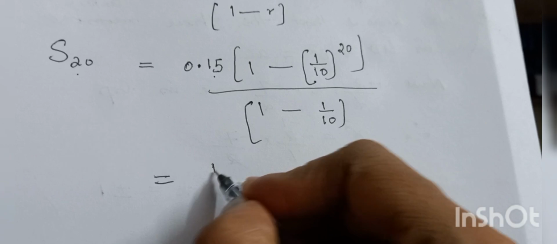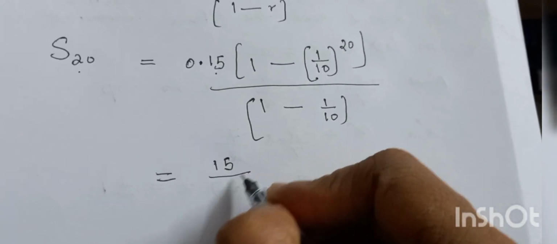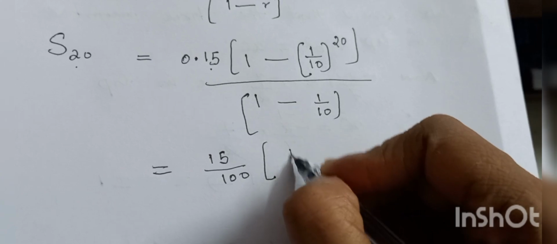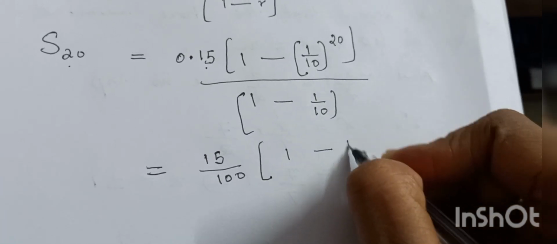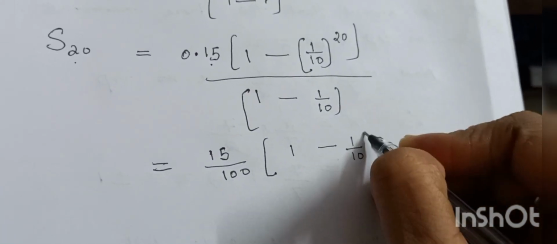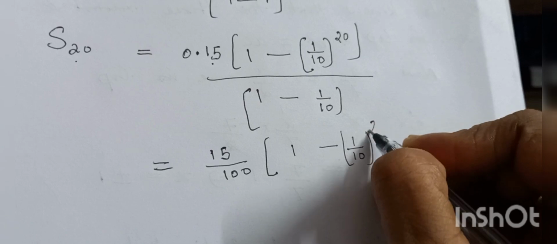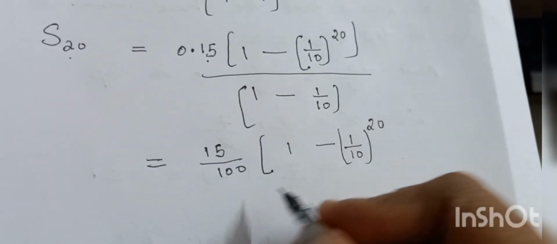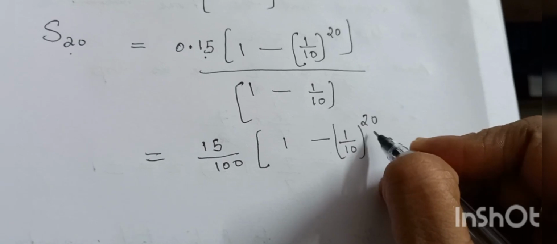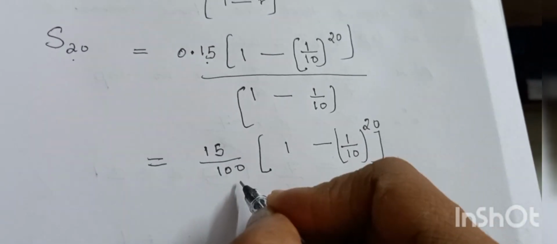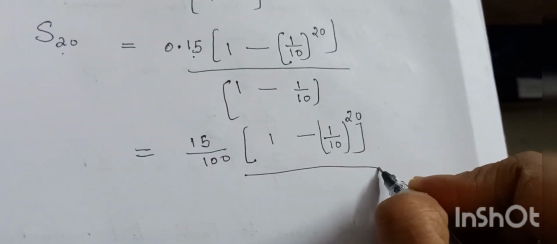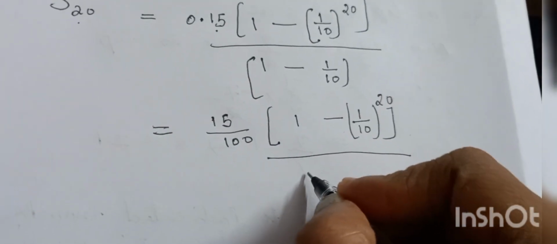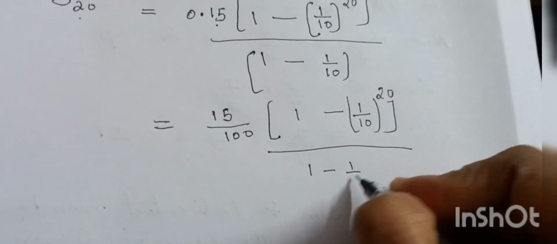0.15. We can write in fractional form. 15 by 100 into 1 minus 1 by 10 to the power 20 whole divided by 1 minus 1 by 10.